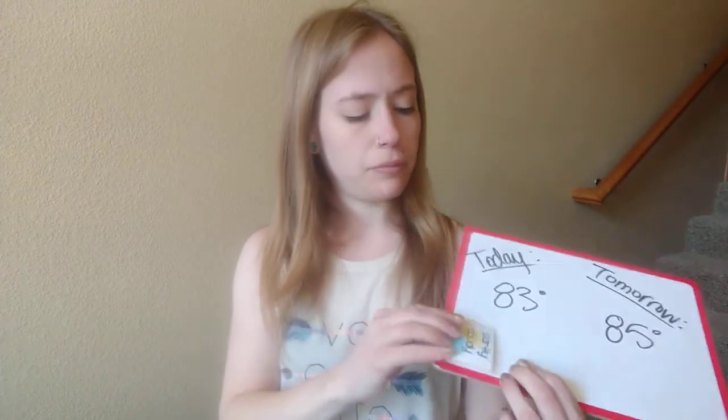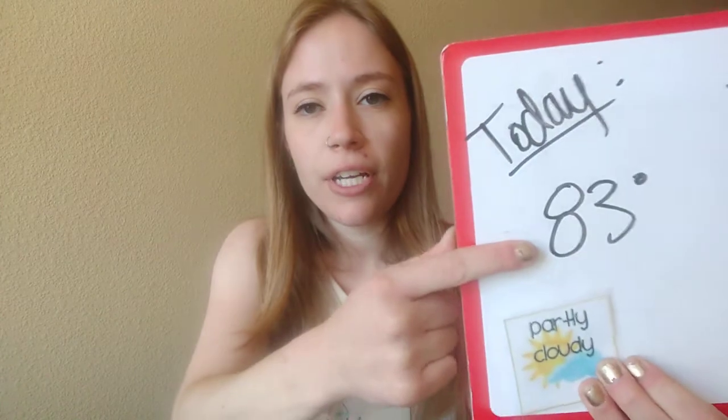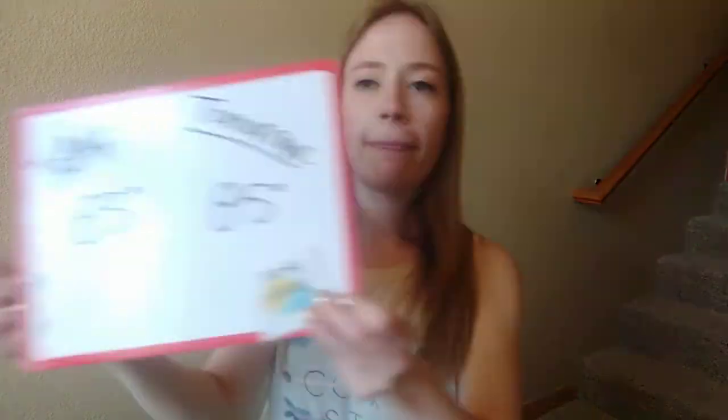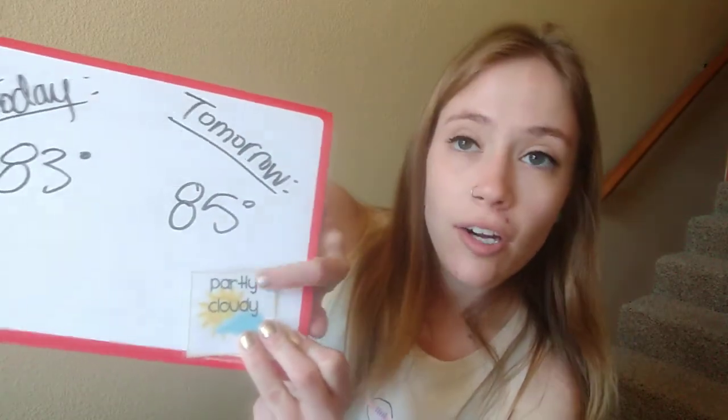And tomorrow will be a high of 85 degrees and also partly cloudy. So here we go. So today, high of 83 degrees Fahrenheit and partly cloudy. Tomorrow, a high of 85 degrees Fahrenheit and also partly cloudy. So there we go.